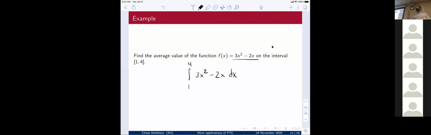But then if I want the average value of the function on this interval, what do I need to divide this by? 3. 3, which is 4 minus 1. Exactly. So I need to multiply by, or divide by, however you want to think of it, 1 over 4 minus 1.